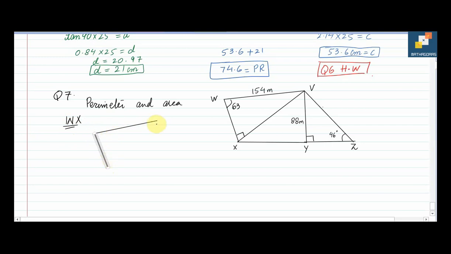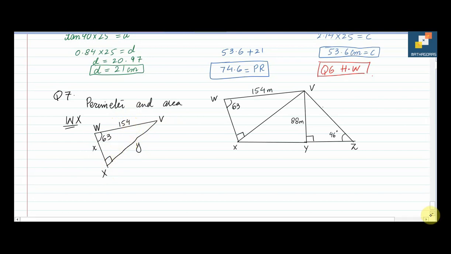VW, right, so it's V, W and X. So this is a right angle triangle. The length is 154, the angle is 63, and we need to find the value of WX, this one and this one as well, because this value we need to use afterwards.